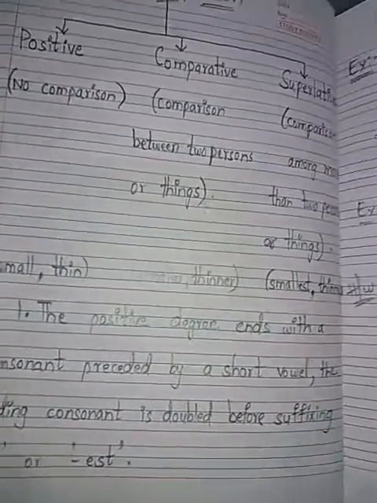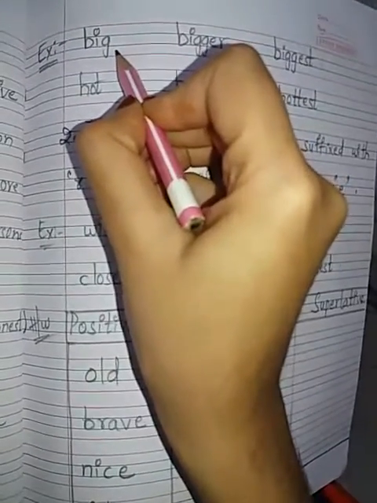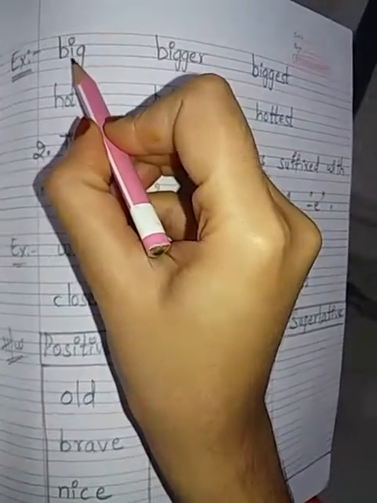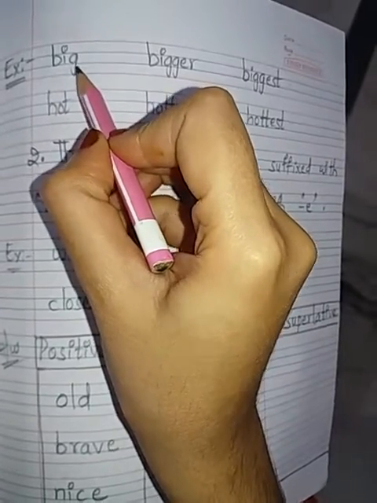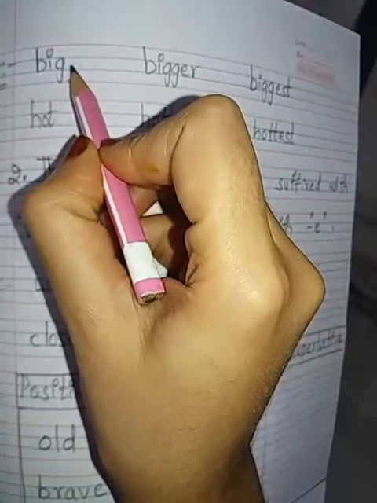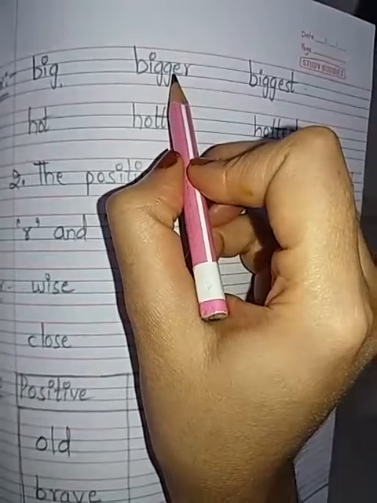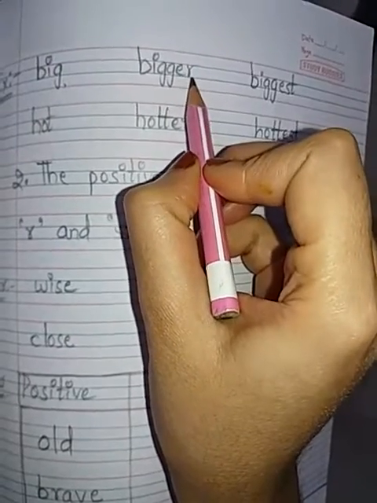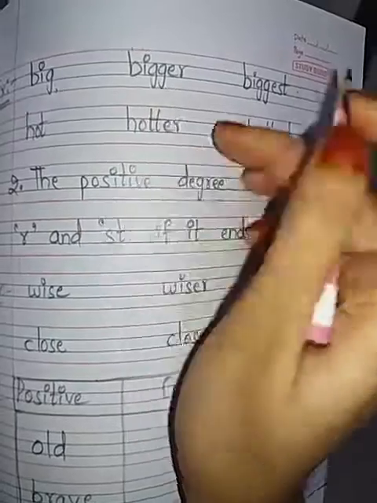Okay. For example, see here big, B-I-G, big. As you can see here, there is one short vowel I, and afterwards this word is ending with a consonant letter G. So what you have to do? You have to double this consonant letter to double G, and when we are using in the comparative degree, you have to add er. Then it will become bigger, B-I-G-G-E-R, bigger.